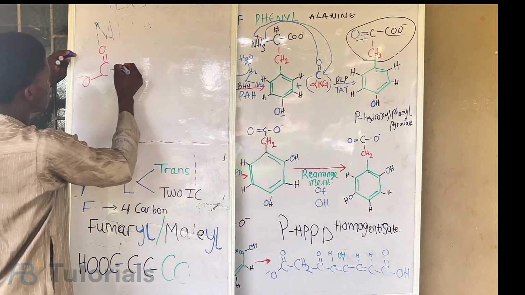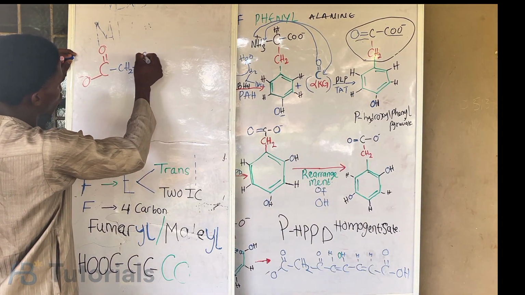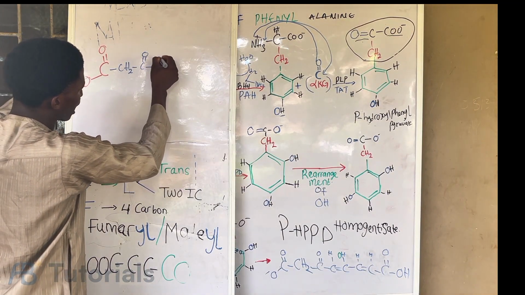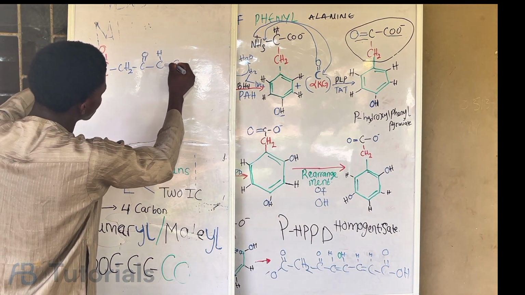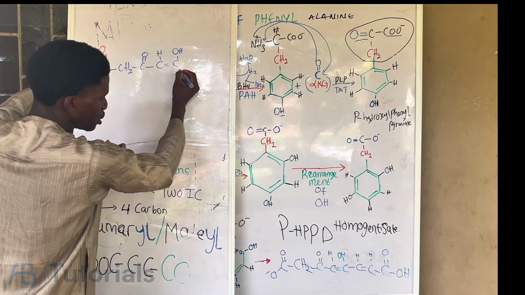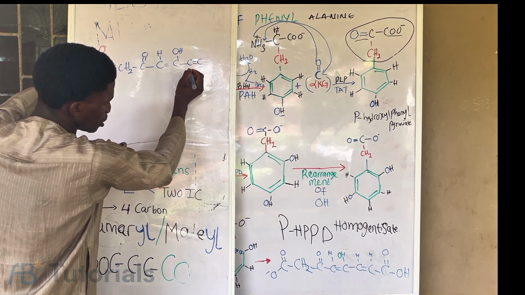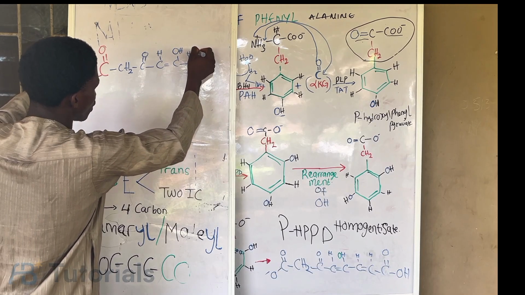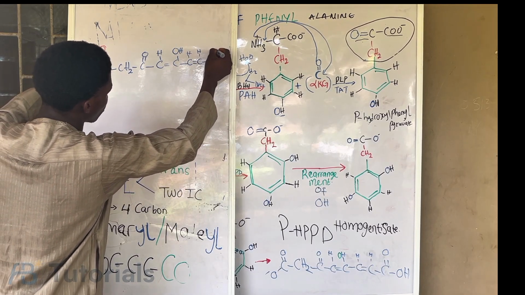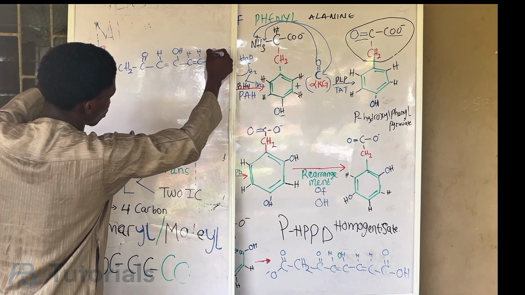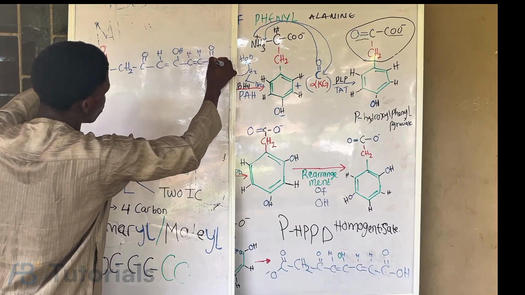Carbon, CH2, then carbon double bond O, carbon hydrogen, double bond carbon OH, carbon double bond carbon, H, H, carbon, double bond O, OH.